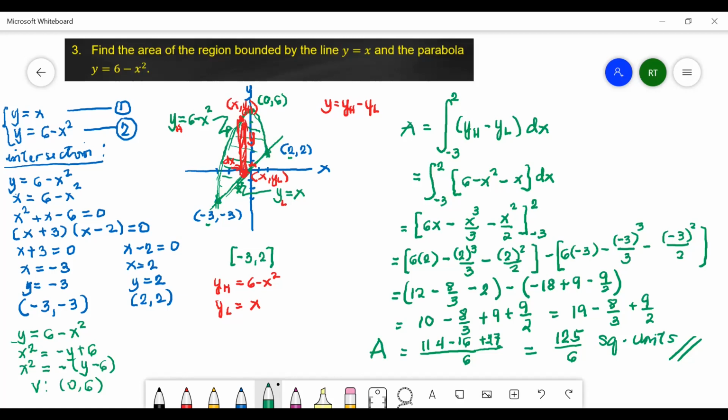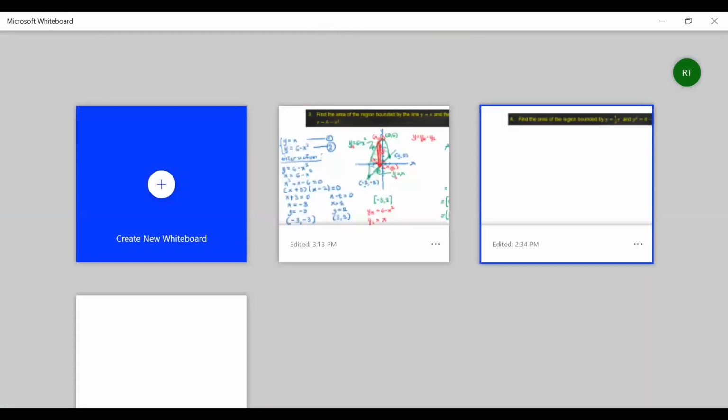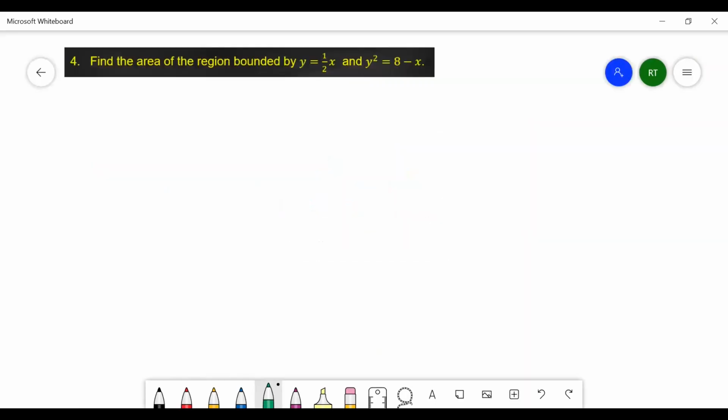Now, this time let us consider the other example. This time we will find the area of the region bounded by y is equal to 1/2 of x and y squared is equal to 8 minus x.